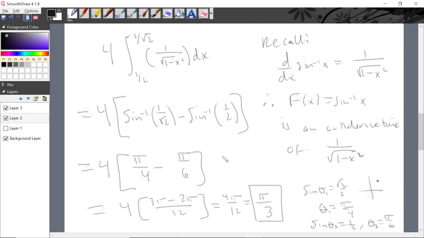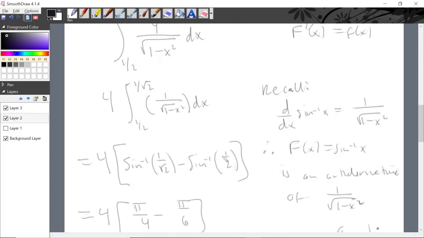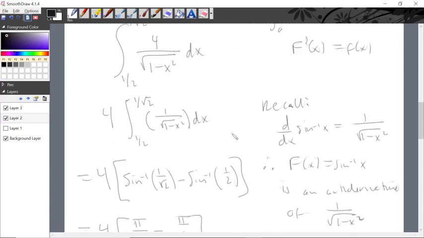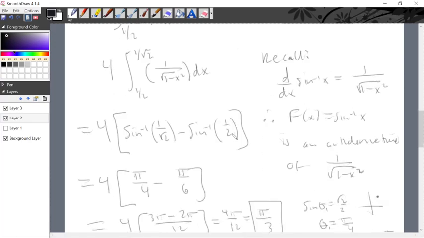So without having to use a Riemann sum, and without having to use a limit, but by using our knowledge of antiderivatives and the second part of the fundamental theorem of calculus, we got our result. The first part of the fundamental theorem told us that an antiderivative was appropriate to use, and the second part was that we can plug in the bounds and subtract.